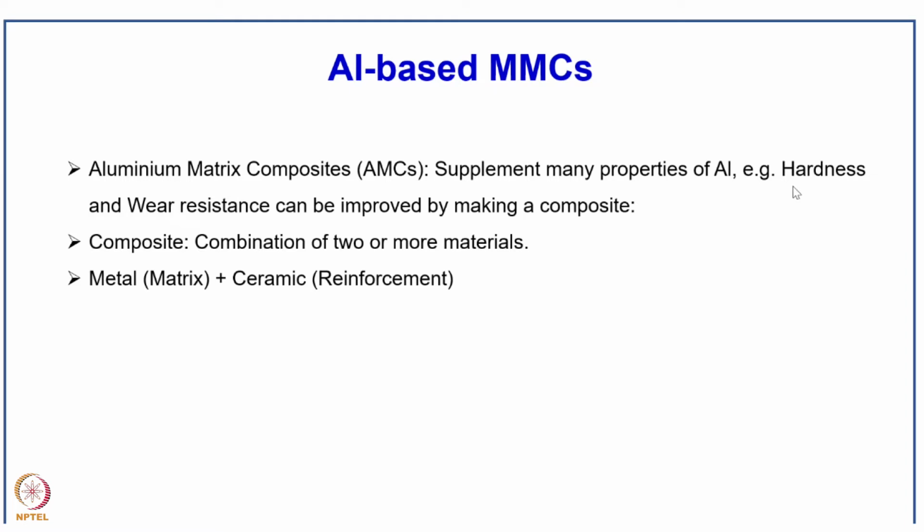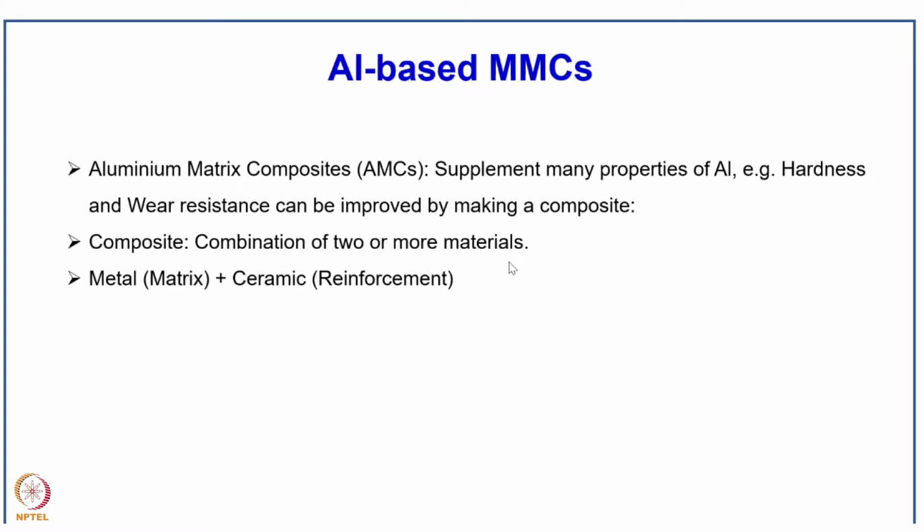The hardness is low, and therefore the wear resistance is also low for this kind of materials, right? So if you want to improve such properties, then you will have to take the help of a second phase which can have such properties and impart those properties in the metallic matrix that we are talking about.